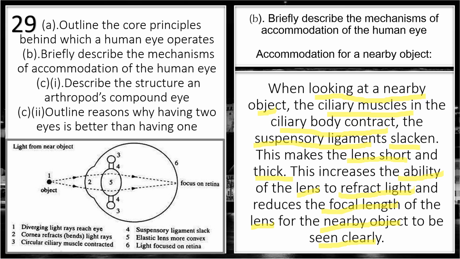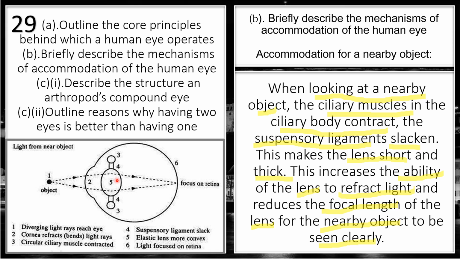So what is going to happen is that the ciliary muscles in the ciliary body will contract, and when they contract, the suspensory ligaments slacken. When they slacken, they make the lens become short and thick.